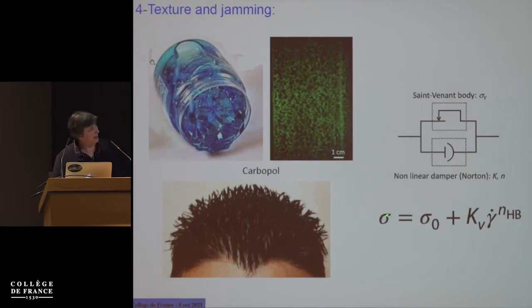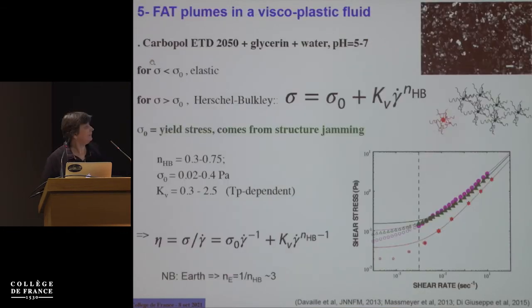So if sigma is a stress, you're going to have, for stresses above a critical value, this yield stress here, sigma naught, shear thinning. So this is really the purely viscous response to the motion. We've been doing a lot of experiments with those fluids, so Carbopol.